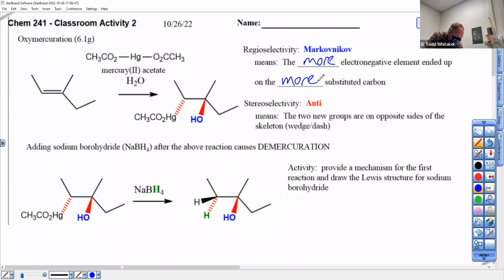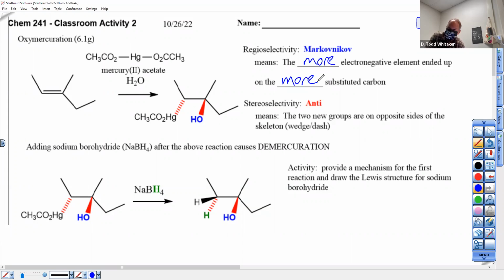Now, you've got a bond between mercury and oxygen, right? Don't be looking at the periodic table to answer this question. Which atom is more electronegative? Just say O. If you're asked to choose between an O and any other atom ever, there's only one time you're going to say the other atom is more electronegative: fluorine, and we don't play with that very much in this course.